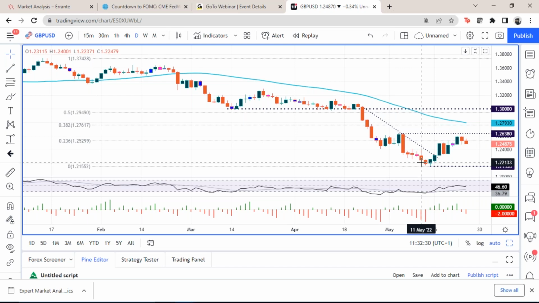Fundamentally, a lot's been happening as well. We had a lot of data last week, that sort of mid-month UK data dump. Always think of the middle of the month, you always will get UK employment data on the Tuesday, you'll get UK CPI on the Wednesday, and then UK retail sales on the Friday.